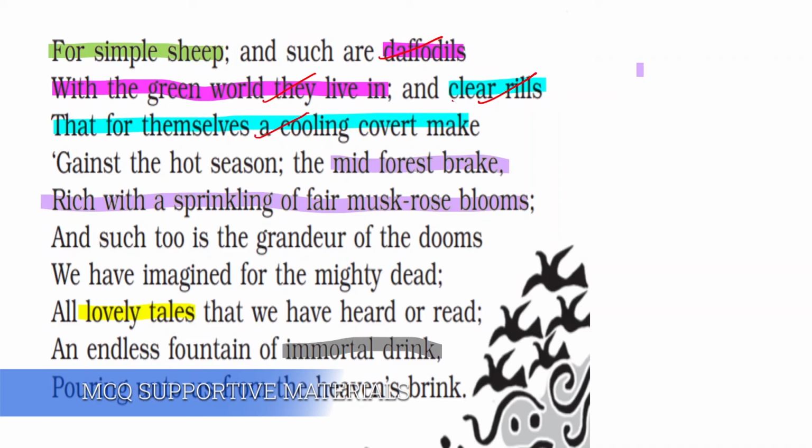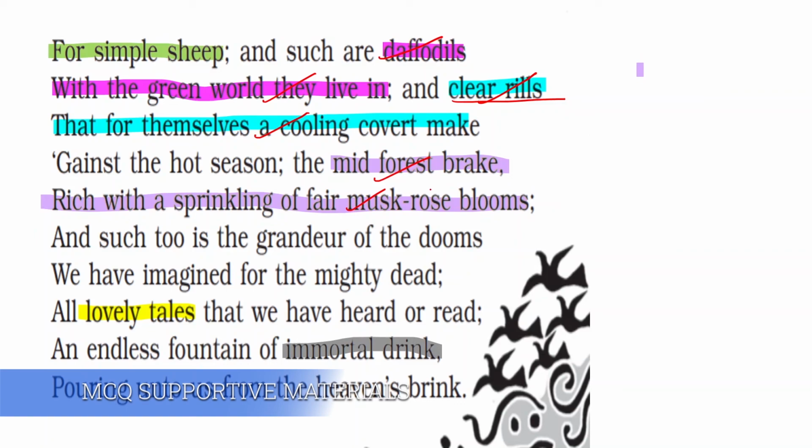All the clear rills, the streams that make themselves a cooling cover, is another imagery in the poem. Then mid-forest brake rich with the sprinkling of fair musk-rose blooms. This is yet another imagery used in the poem. All these descriptions together give us a mental picture of the scene.